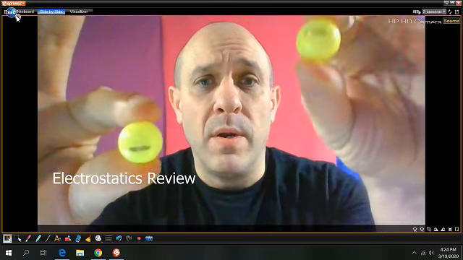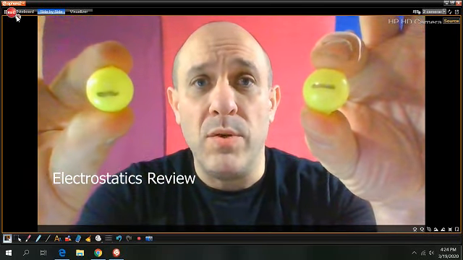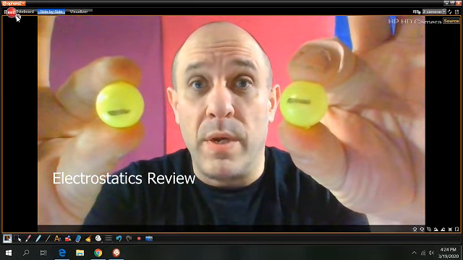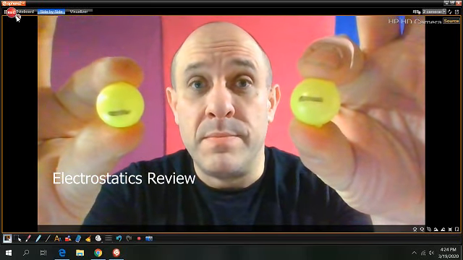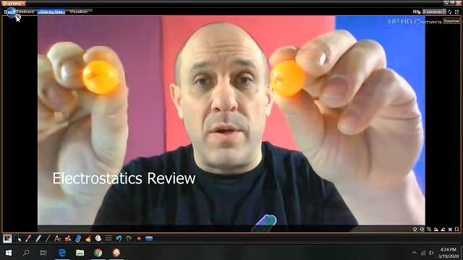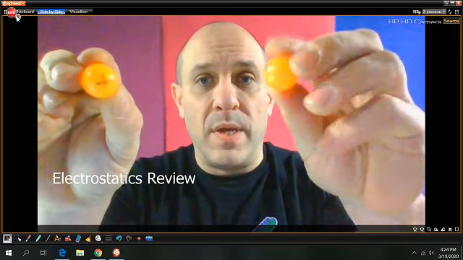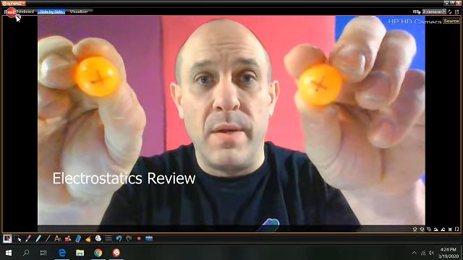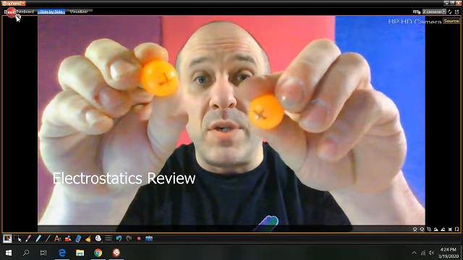Okay. Another thing we need to look at is if I have two charged particles that are similar, like these two electrons here, are they going to attract or repel? Right, they repel. Very good. Similarly, if I have two positively charged particles, they could be protons, they don't have to be because it doesn't matter, the positively charged particles are also going to repel, right?